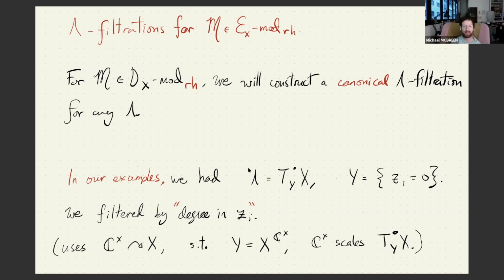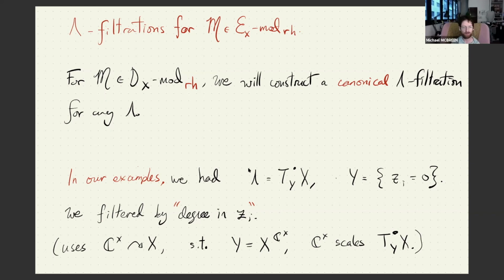And implicitly, what we were using somehow is that we have this C star action on X, whose fixed locus is Y, and such that the induced action on the conormal to Y is just a scaling action, one that scales the conormal fibers by the usual radial scaling. And then, of the C star action, if your module is equivariant, you can grade it, and that induces a filtration. So that's really what we were doing in those examples.